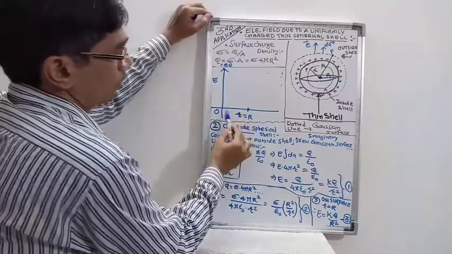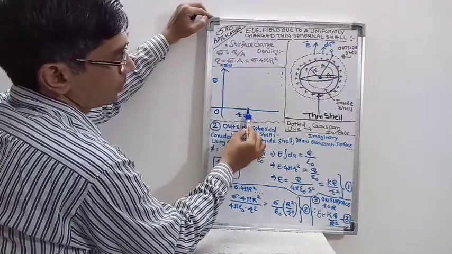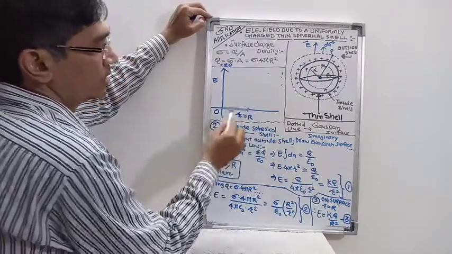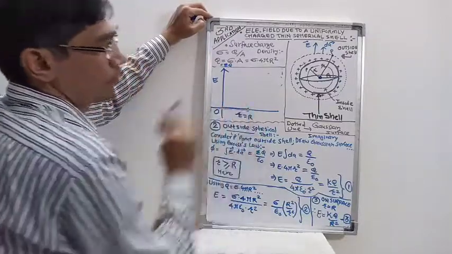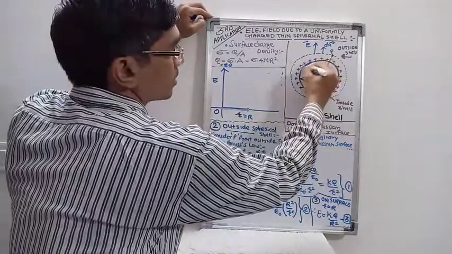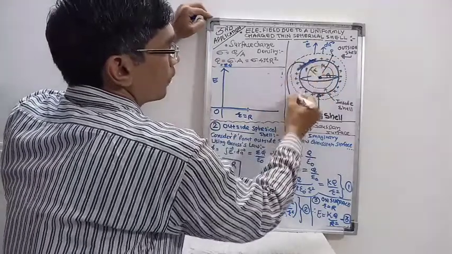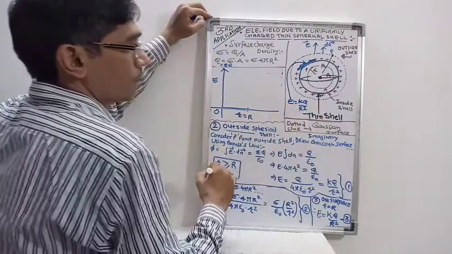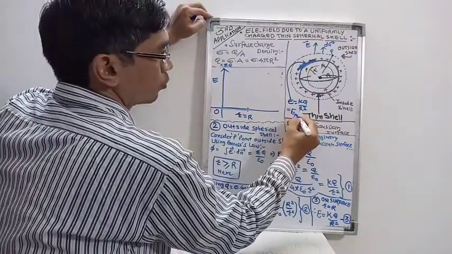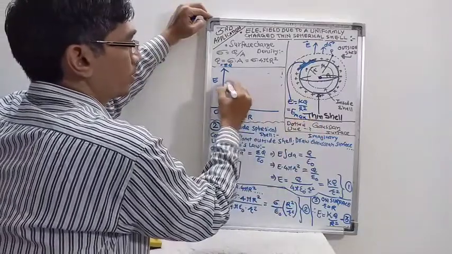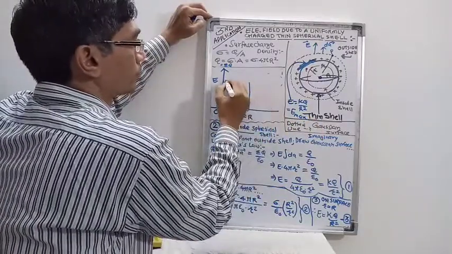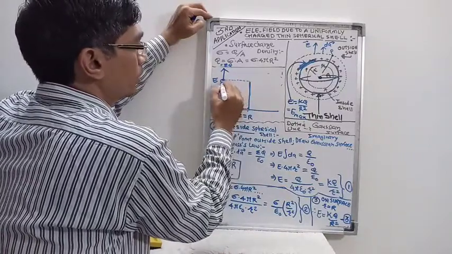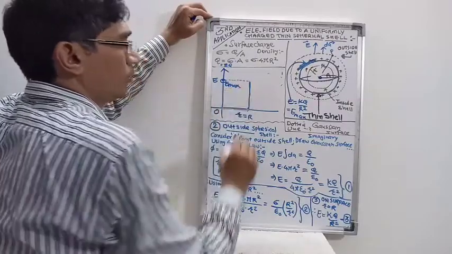So 0 to r is equal to capital R is the inside cell portion. Inside the cell the electric field is 0. Then on the surface, the electric field is kq upon capital R square. So that is the maximum value, E maximum.